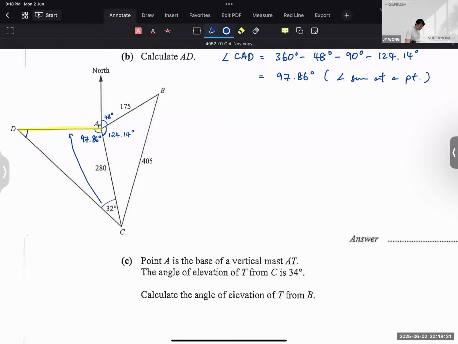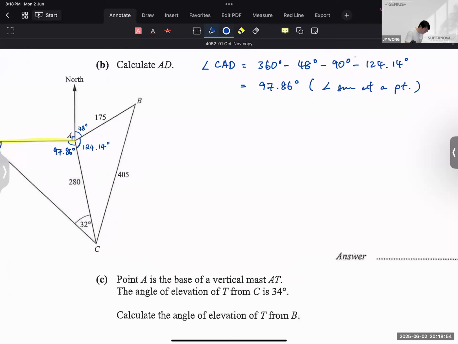So I know that AD corresponds to this angle, right? But my 280 corresponds to which angle? It corresponds to here, what? So that is the actual angle that I want to find, because I want to use sine rule. And how do I know that I want to use sine rule and not cosine rule? Because I only have one length. Okay? Because I only have one length, so I would suspect that I need to use sine rule. All right, that is the whole point here.